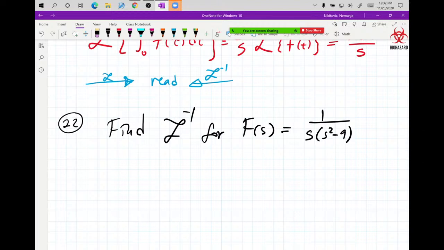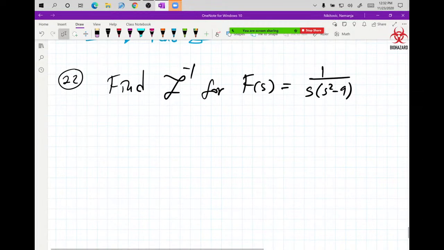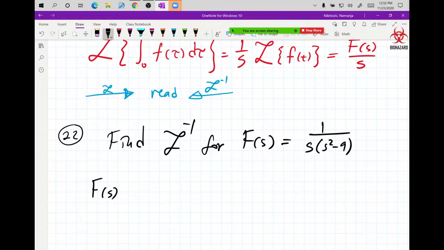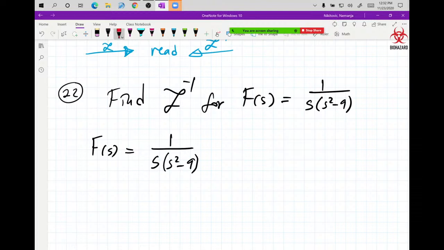However, if we deal with this using the formula above, this becomes a much easier problem. So here it is, F of s equals 1 over s squared minus 9. And now we apply inverse Laplace on both sides.